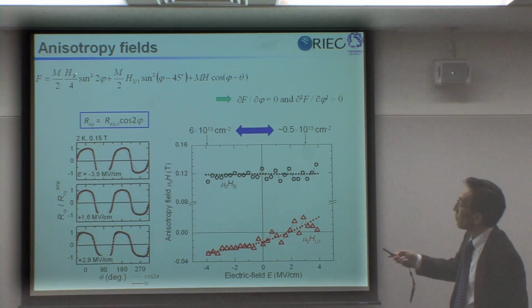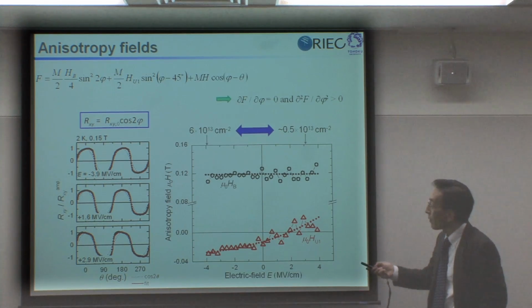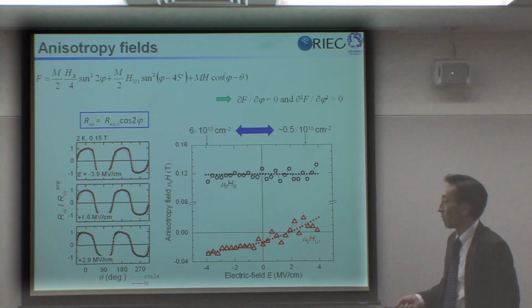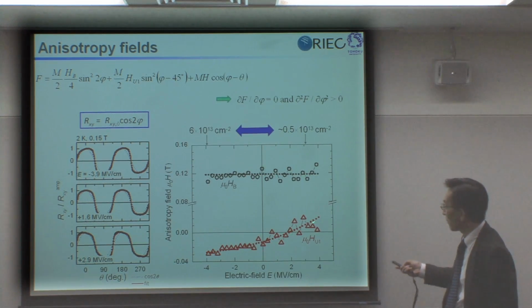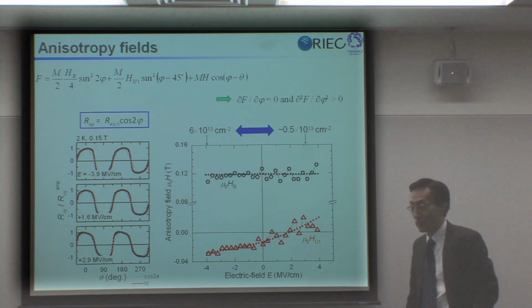And using these two parameters as fitting parameters, we can determine the biaxial field as well as uniaxial field. And as you can see, by changing the carrier concentration, we could not see the change in the biaxial anisotropy, but we can actually see the change in the uniaxial part, and the uniaxial part can change its sign.